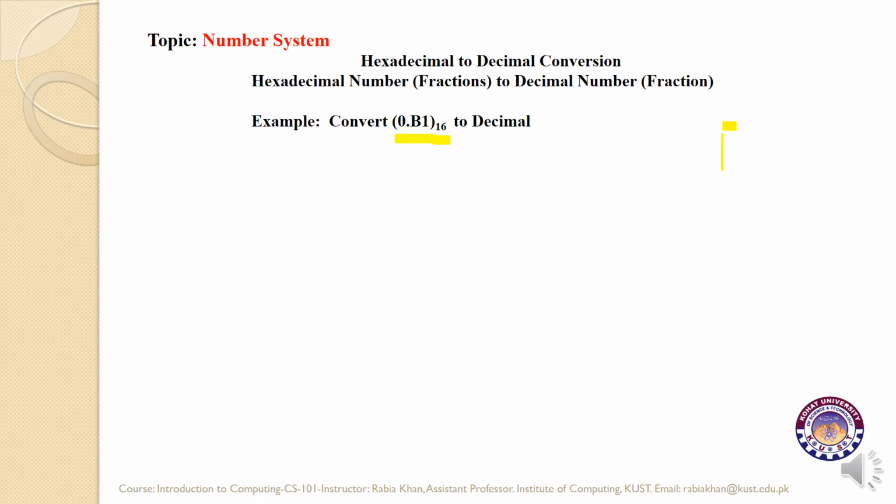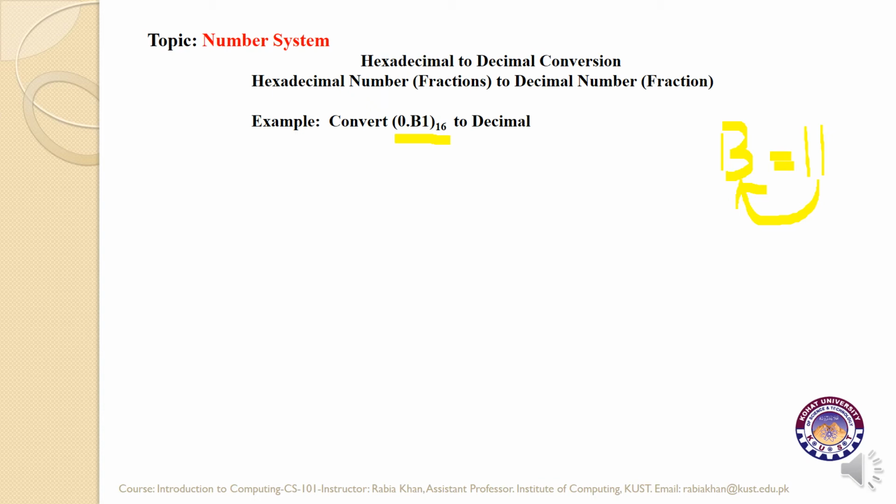B, as you know, is equal to 11. Since 11 is not a valid single digit in a hexadecimal number, it is substituted by the alphabet B. So the method says every digit within the given hexadecimal fraction is multiplied by 16, but the power of 16 starts from -1.